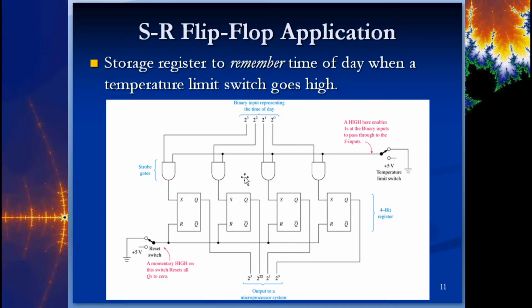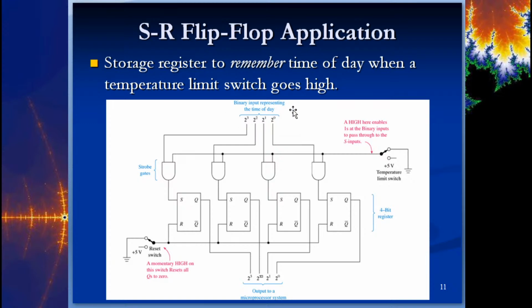Because they're all AND gates that feed into the set here, and notice how the reset of each one of these is tied to ground unless you hit the reset switch and it'll clear them all. But in the normal position, it is in this selected switch to ground, and so all of the resets are already pulled low. So it's either in a 00 or it will set if this temperature switch goes high, right?